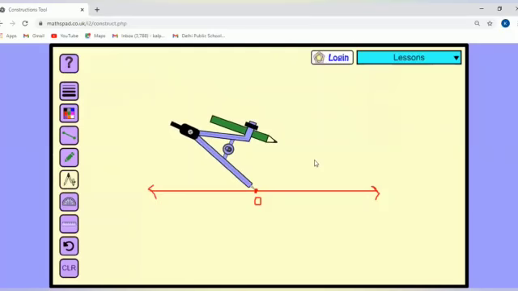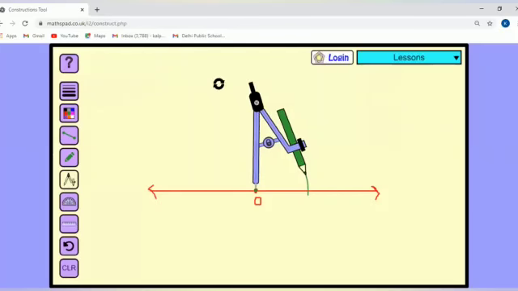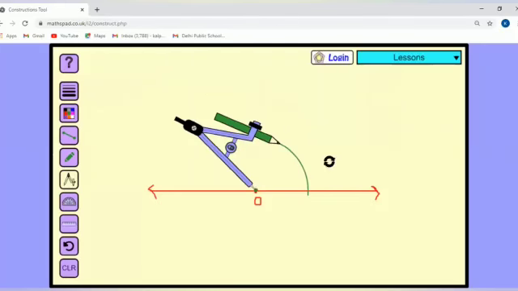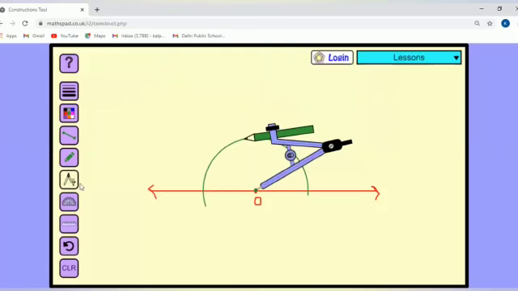As we know 180 degrees is half of 360, we will cut this line on both the sides. Now you will get here a point P.